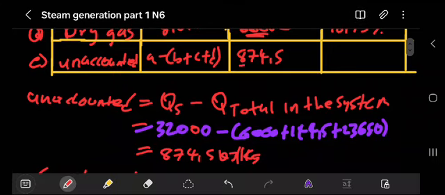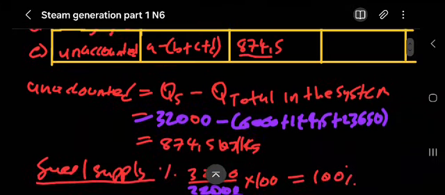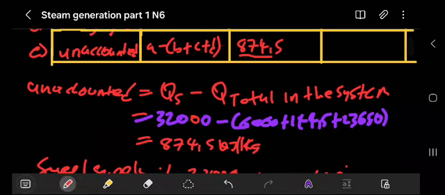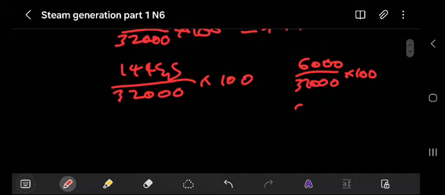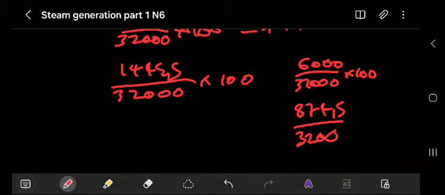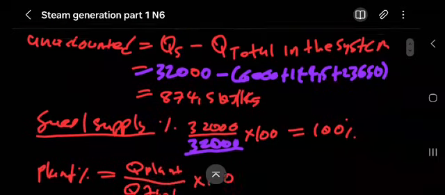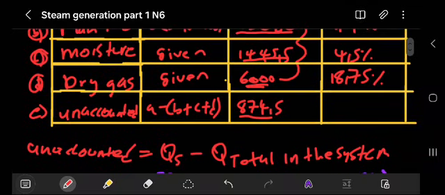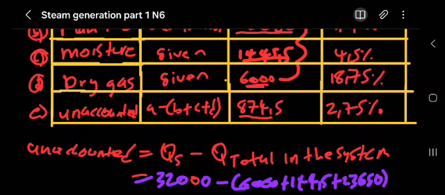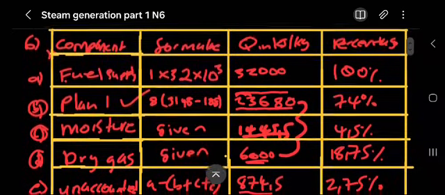Then you come to this, 874.5 divided by 3200 times 100. Punch this, you get this in your percentage to be 2.75 degrees. So this is how we go about filling up our heat table there.